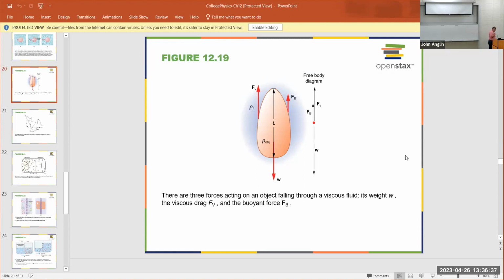And the way you do this is not that hard. What you do is you take the mass of your object and you find its velocity. Well, at some point, you know that as it falls through this fluid, this air, there's going to be a buoyant force, right?